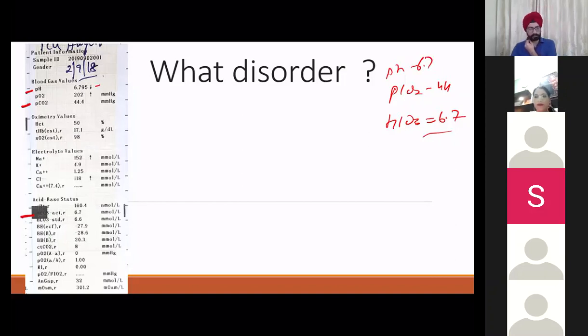Anyone? Just look at it. It's acidosis, correct? PCO2 is going up or down? I'm waiting for an answer. A single answer will also do. Okay, so Raj Lakshmi says metabolic acidosis, and Sahaj says metabolic plus respiratory acidosis. Anyone else?